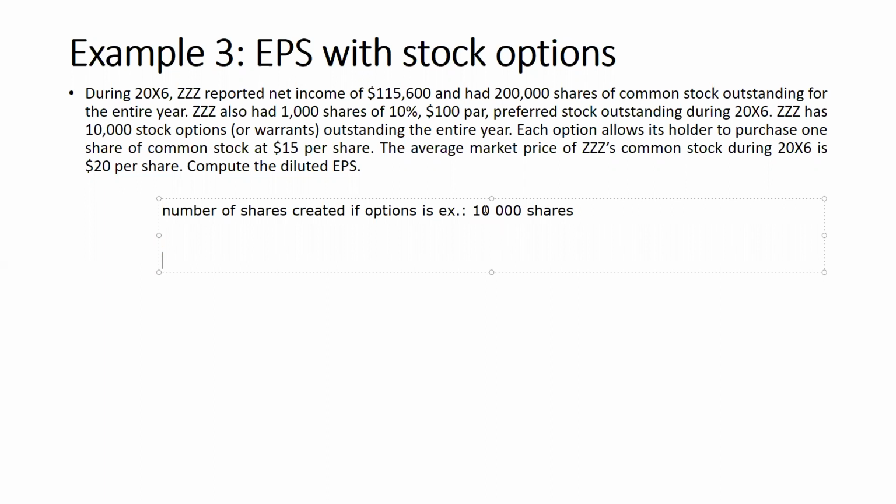So the cash inflow if options are exercised: 10,000 times $15 will make 150,000.